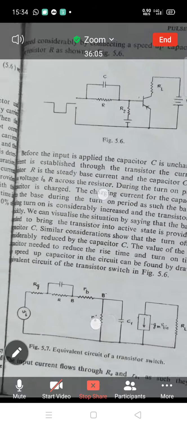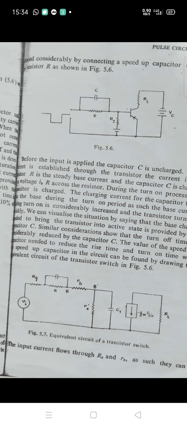So this is the equivalent circuit of a transistor switch. The input current flows through Rg and Rb. As such, they can both be lumped together and the circuit can be drawn in a simplified form as shown.